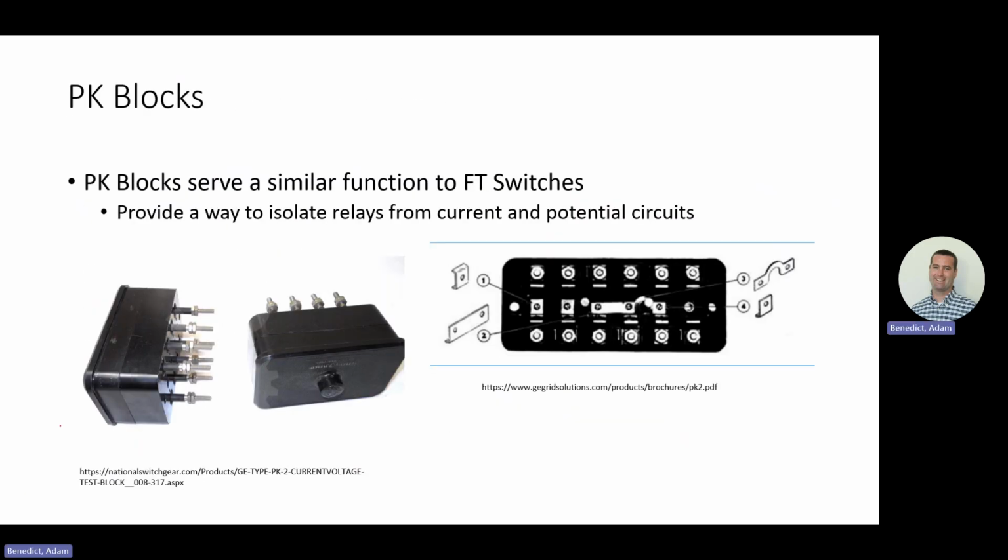PK blocks, I generally see these with that high impedance diff because it's really good at shorting everything out. And you put in these shorting strips, and this is an important thing to look at during testing, your machining or panel checkouts. This is one that you should always look at because it's easy to not install these.